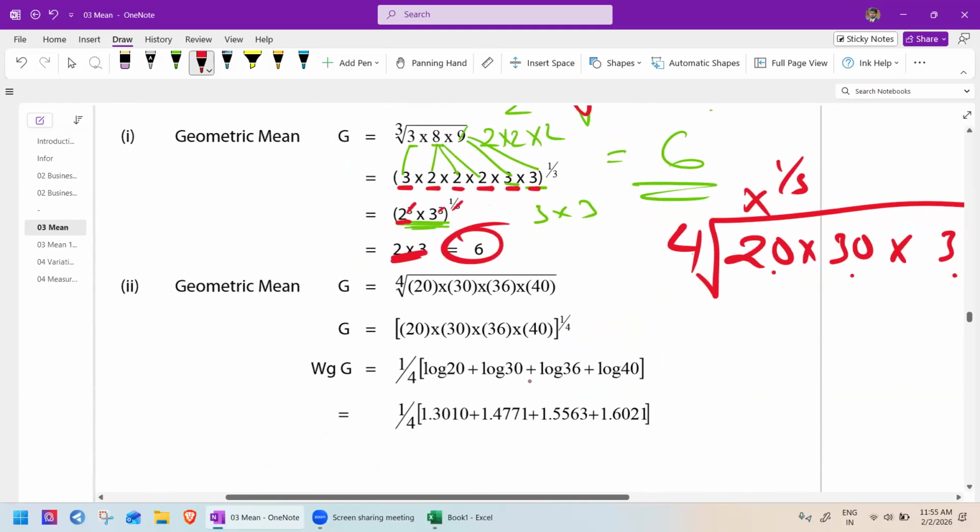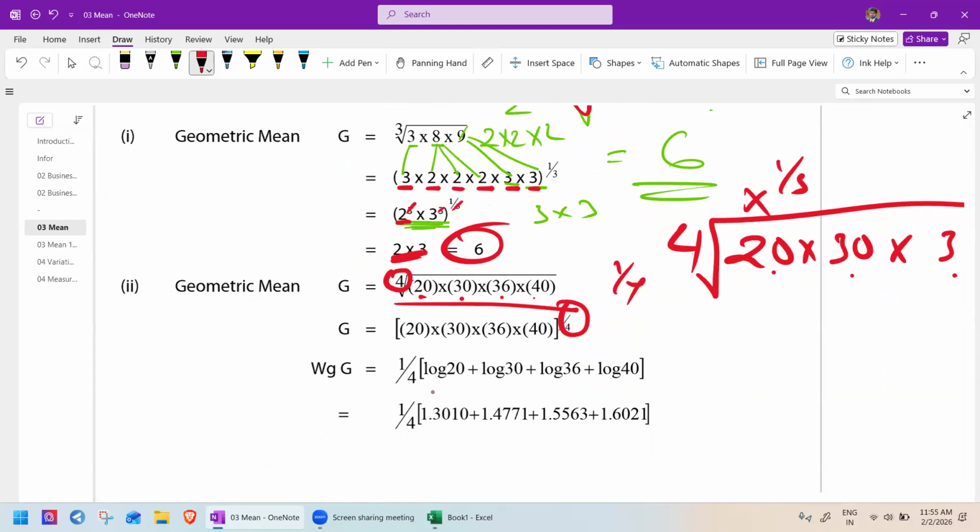Here they have used the log method. 20, 30, 36, 40. This is the original form. And then they bring this 4 here, 1 over 4, root of 4, and convert into the log value, right?